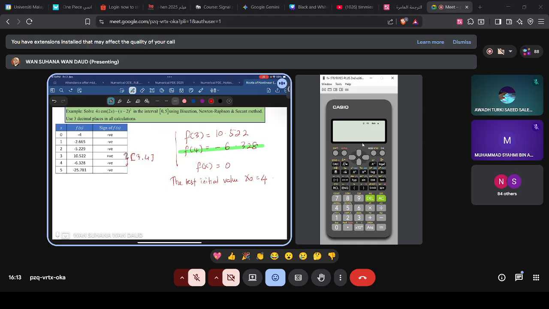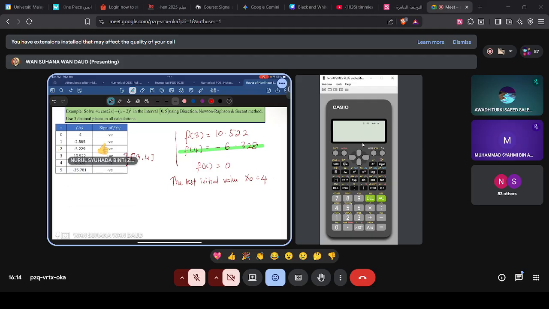Okay, you understand, guys? Remember, to choose the best initial value for the Newton-Raphson method, you have to choose the initial value that, when you substitute into fx, is closest to fx equal to 0. Is it clear, guys?